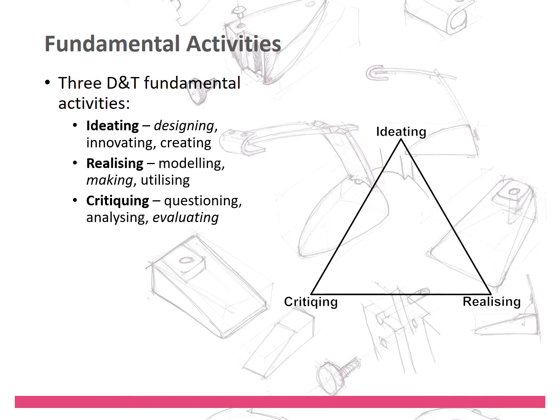The reason for that is I want to disrupt the reader's thinking and get away from some of the stereotypical approaches to interpreting those 3 activities, because it's too easy for us to think about designing as drawing or sketching, and think about making just simply in terms of using tools and materials, or evaluating as being something we do at various points, like evaluating products when we're researching and evaluating our product at the end of the process.